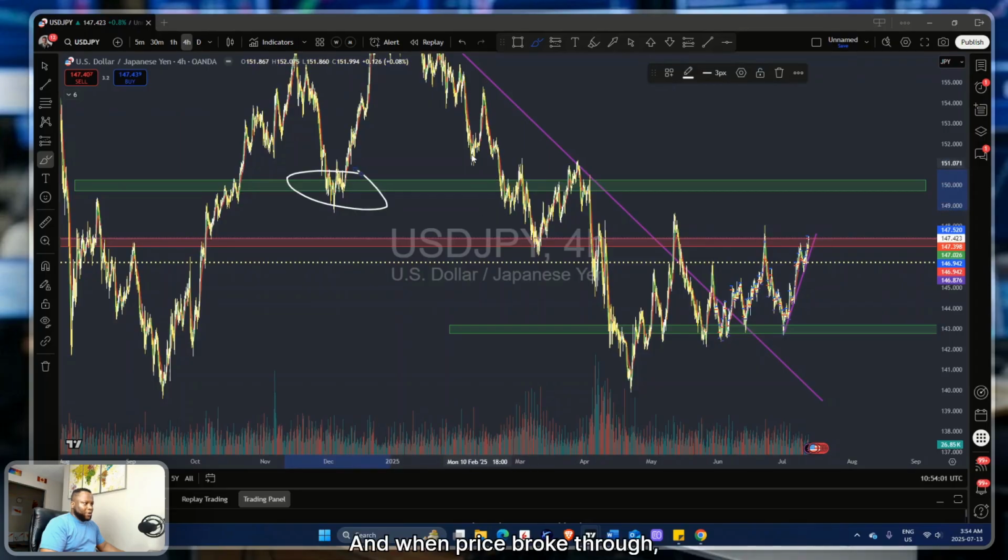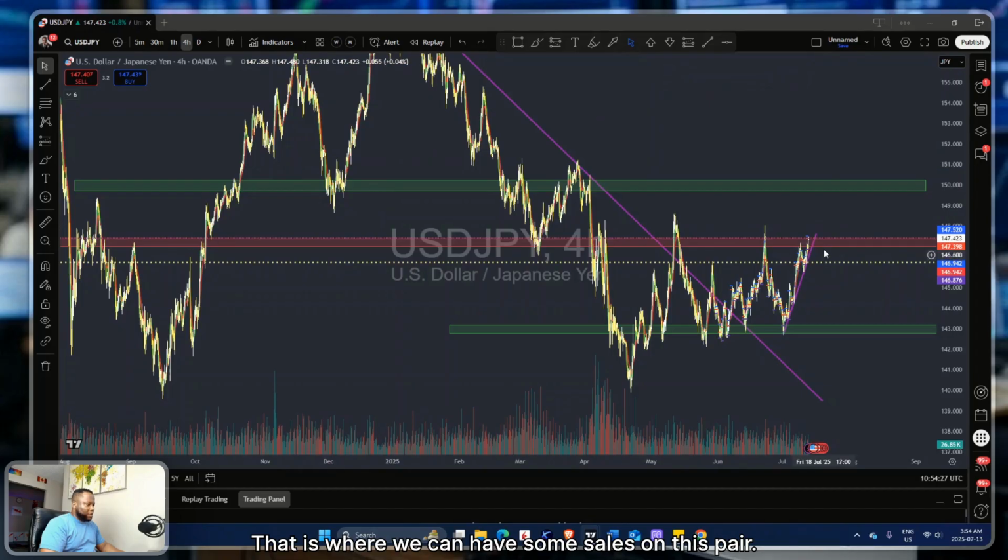When price broke through that support, came back and retested it once, twice, it became resistance, and we had this sell-off. Which means if price is to return to this area, we're looking for sells at 150-ish. That is where we can have some sells on this pair.